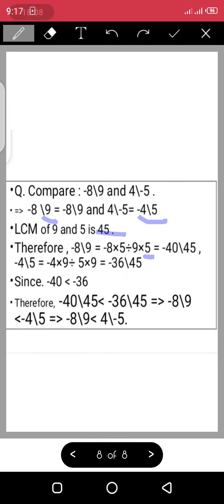So we will multiply both numerator and denominator by 5. So it will come as minus 40 by 45. And the next number is minus 4 by 5. Here 5 is the denominator and LCM is 45. So with what number will we multiply 5 to get 45? It's 9. So we will multiply both numerator and denominator with 9. So we will get minus 36 by 45.